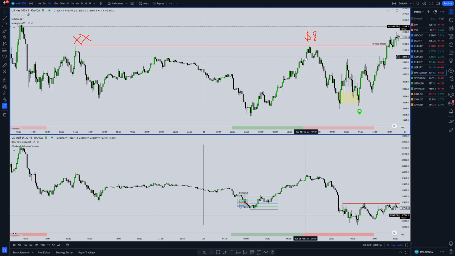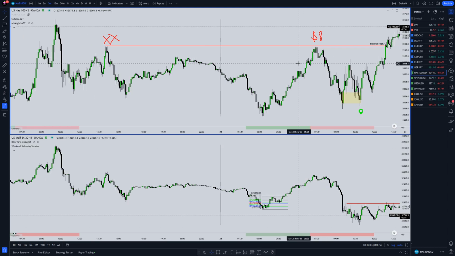When we talk about having a bias, everyone wants to have a weekly bias or a daily bias of where the market's going to go before the market's even open. But when there's no obvious area of liquidity, like no obvious equal high or equal low near price, it's hard to make a bias.